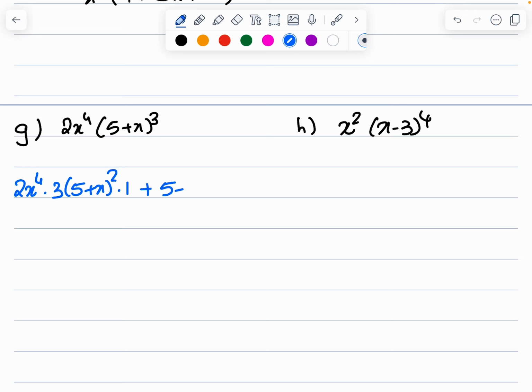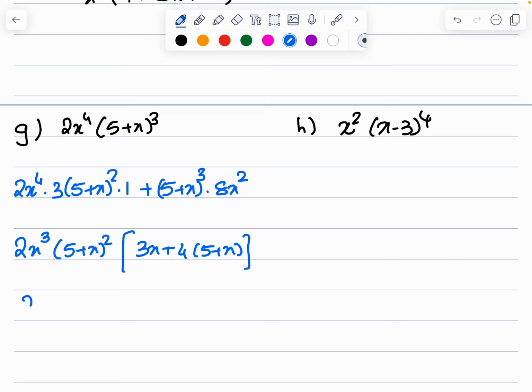Again, this time (5 plus x) whole cube as it is, 2x to the power of 4 derivative is 8x cube. Can I take anything common? I can take 2x cube common and (5 plus x) whole square common. So what am I left over with? I will be left over with 3x and 4 times 1 more (5 plus x). When I simplify it further, it becomes 2x cube times (20 plus 7x) times (5 plus x) whole square.